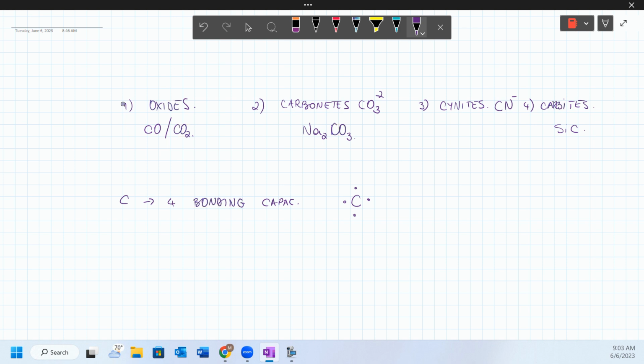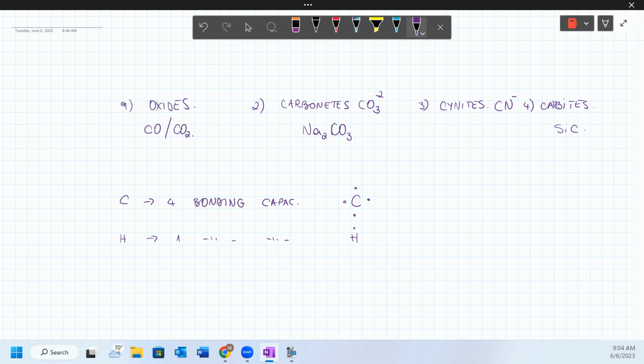And then hydrogen, that is the first element. Remember that it has 1 bonding capacity, because it has only 1 outer shell, and on that outer shell it has only 1 electron. So hydrogen is something like this.